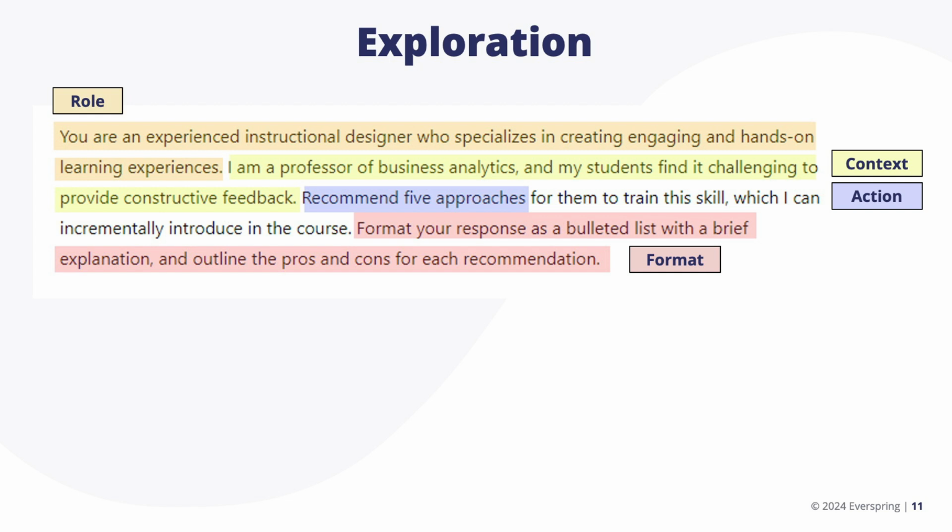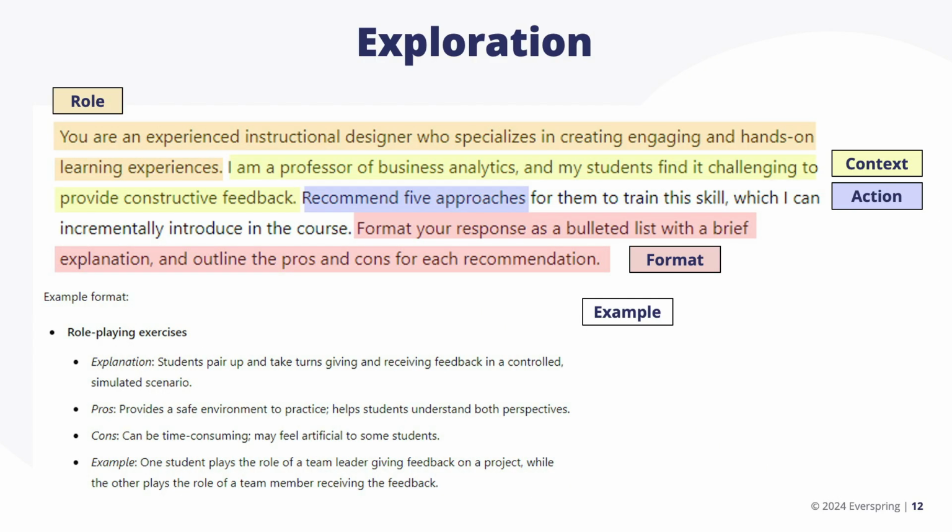Some of you may have already noticed that the example component is missing from this prompt. This was intentional to avoid constraining the AI and encourage more diverse suggestions. However, if we were creating an assignment for future instructional designers to analyze AI's recommendations, we would include examples.